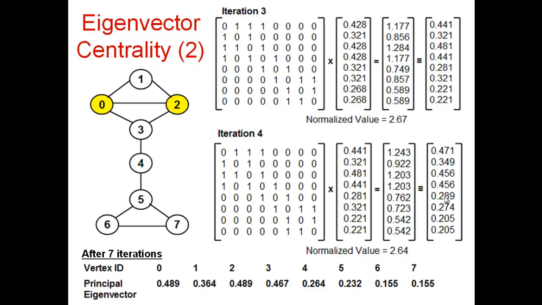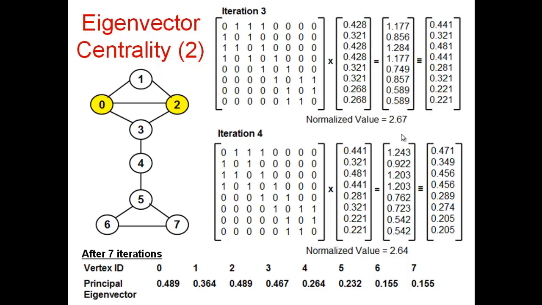For the simple graph of 8 vertices, it took 7 iterations. As a convention, we'll stop if the normalizing value has converged to the first decimal. We have 2.67 and 2.64 here, so that is the first decimal level of precision, and we'll stop if we encounter something like that.